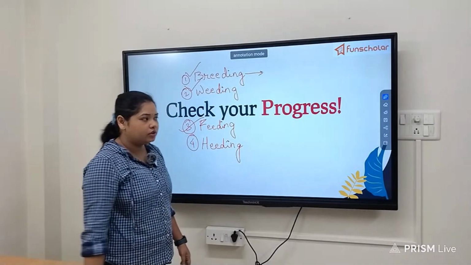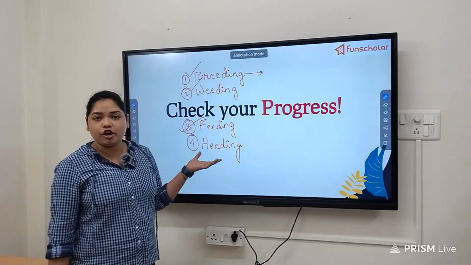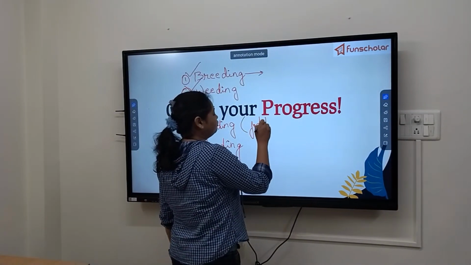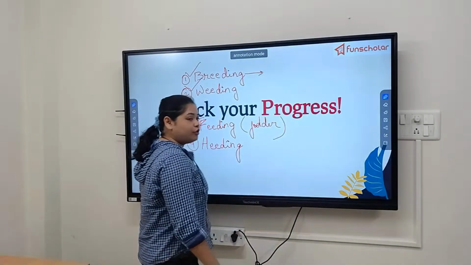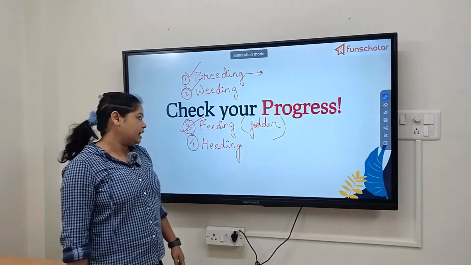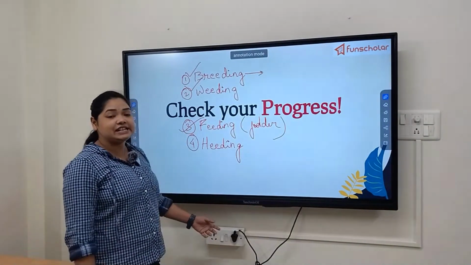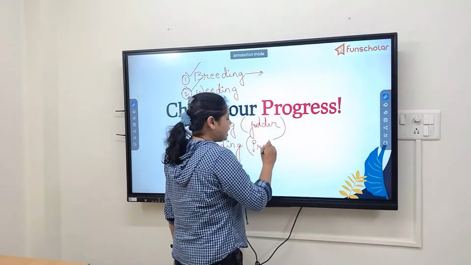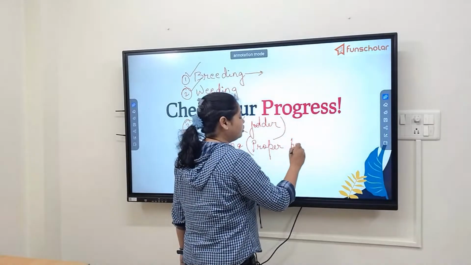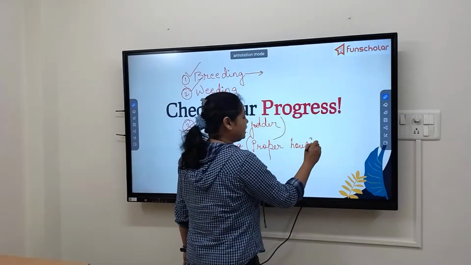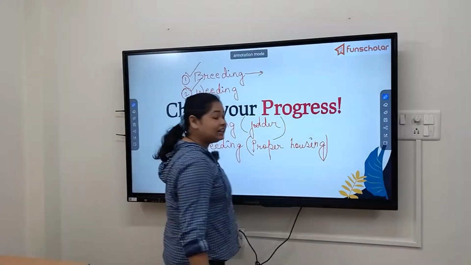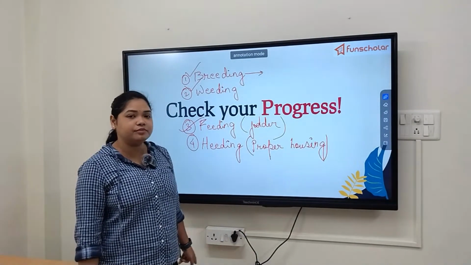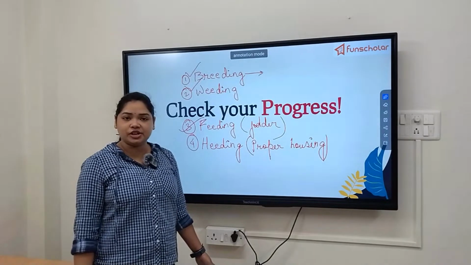Then we have feeding. Feeding is very evident, that good quality fodder should be provided. Good quality fodder or food should be provided to the animals for their proper nutrition. And last but not the least, heeding. Heeding means housing, proper housing of the animals. As you have already watched in the video, the place where they are kept should be cleaned on a regular basis, so that it is free of any animal feces and free of any germs.